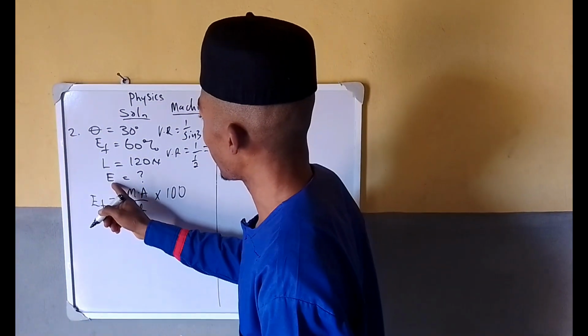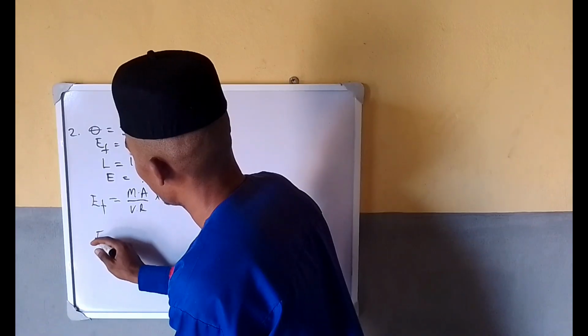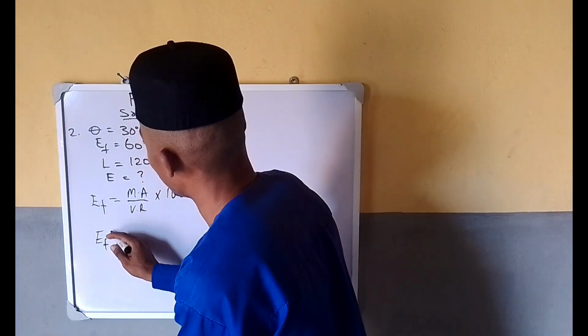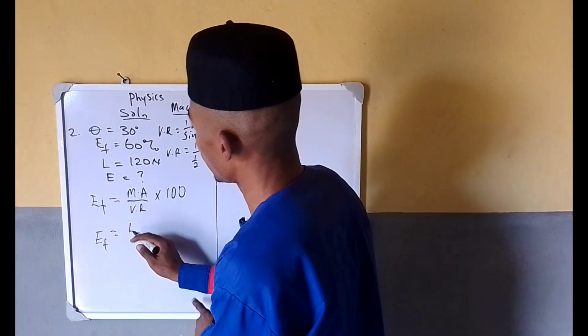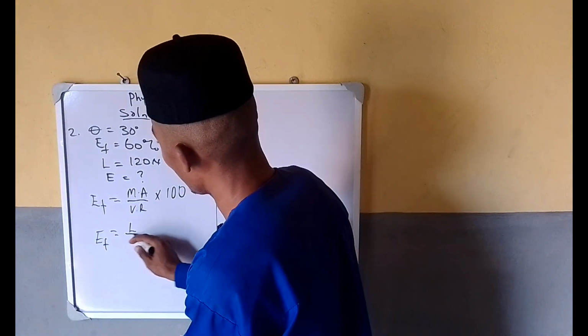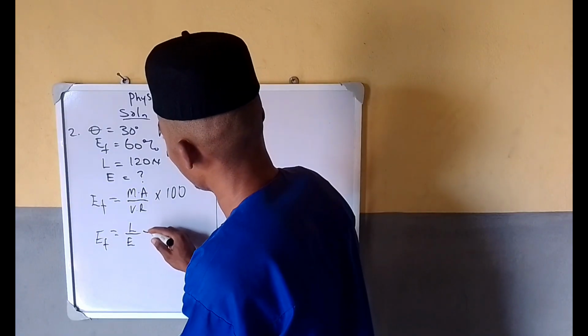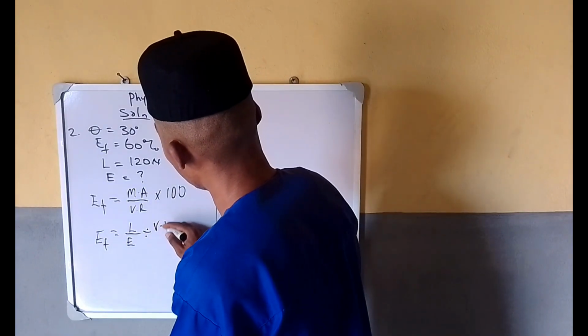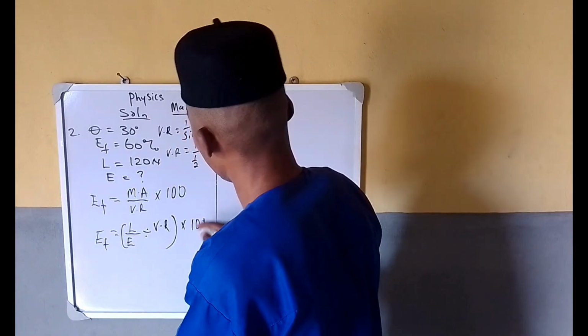But we're asked to find effort, and effort is inside the mechanical advantage, so we can rewrite this expression as efficiency is equal to load over effort, which stands for mechanical advantage, divided by velocity ratio, multiplied by 100.